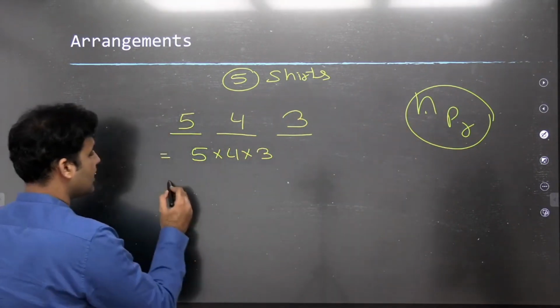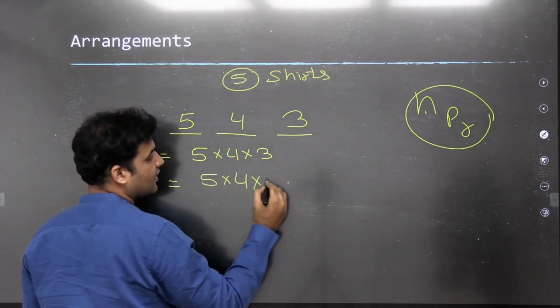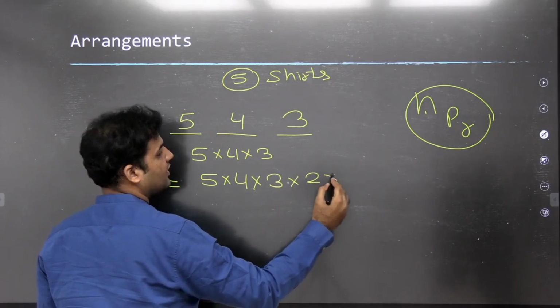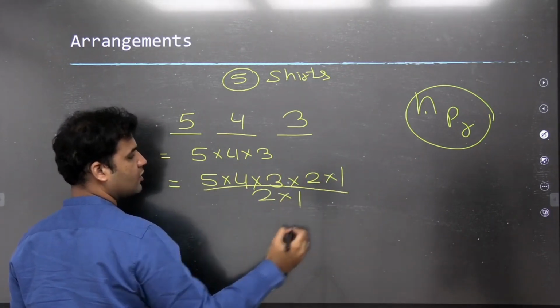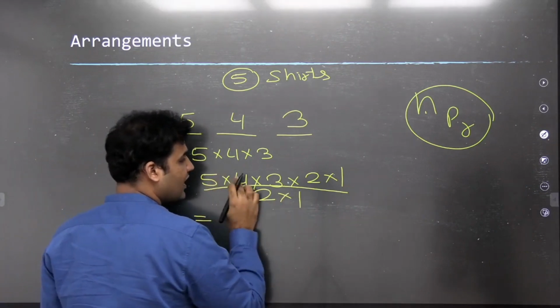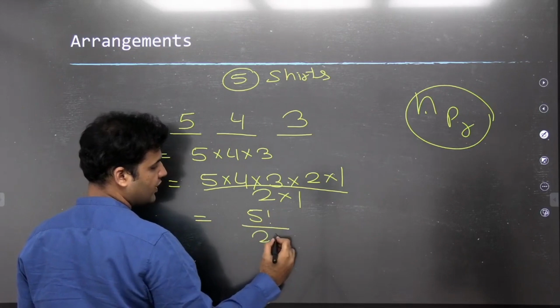See guys, in this product, can I multiply the numerator with 2 and 1, and the denominator also with 2 into 1? Now 5 into 4 into 3 into 2 into 1 is 5 factorial, and 2 into 1 is 2 factorial.